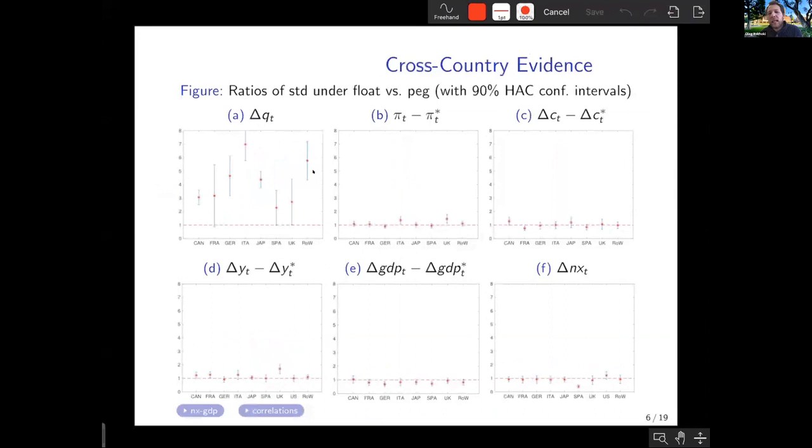The point is really not to say that there are no changes in the behavior of macro variables. The point is that the change is very small and hard to detect, on the order of maybe 5, 10, 15, 20%, while the exchange rate changes by 5, 6 times, right? So there is a stark gap that you don't need fancy statistical tools to document.